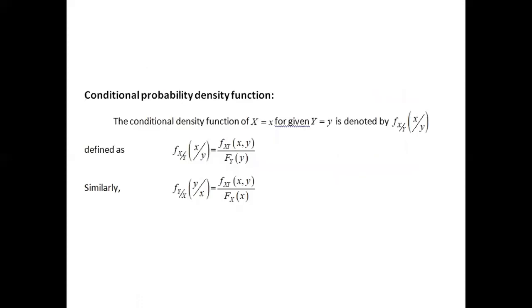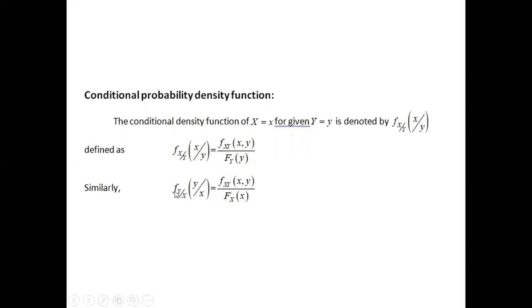Now, conditional probability density functions. The conditional density function of X equal to x for given Y equal to y is denoted by f of X given Y(x given y) and defined as f of X given Y(x given y) equals f of XY(x, y) divided by the marginal density function of y.